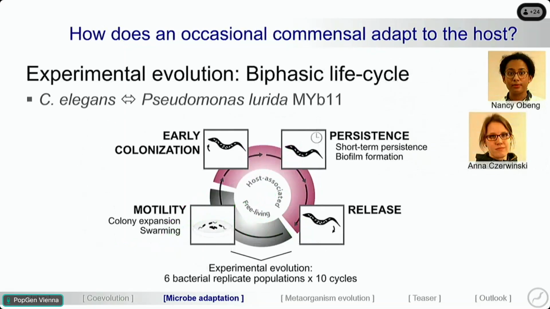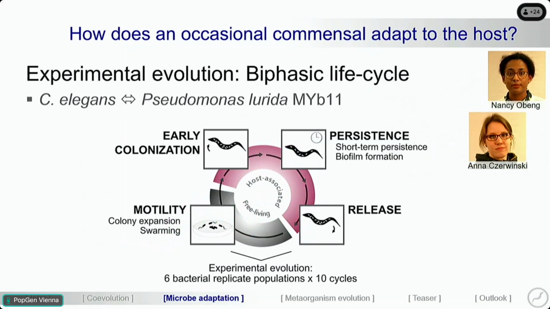I will not go into much more detail, but I would like to present to you results that we obtained from experimental evolution of a microbiome member to this biphasic life cycle. We chose a specific microbiome member, Pseudomonas lurida, strain MYB11, that we did find with C. elegans in the wild, but only occasionally.